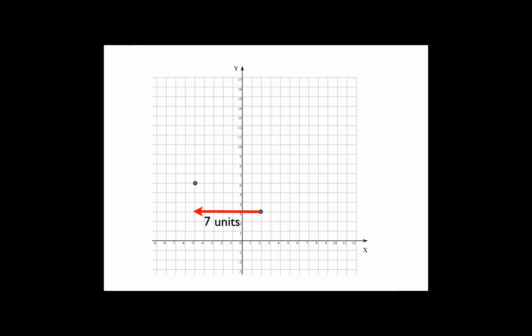And so we say that the total distance straight across horizontally is 7 units. Then our taxicab makes a right turn and it moves to the north. That is, it's going to go up a certain number of units. And if you count the squares that it goes through, it goes from 3 on the y-axis to 6 on the y-axis for a total of 3 units. And so we've gone a total taxicab distance of 10 units.